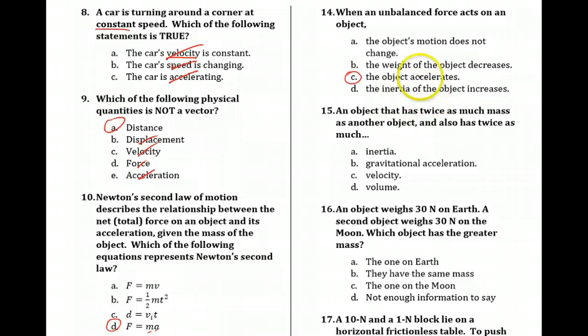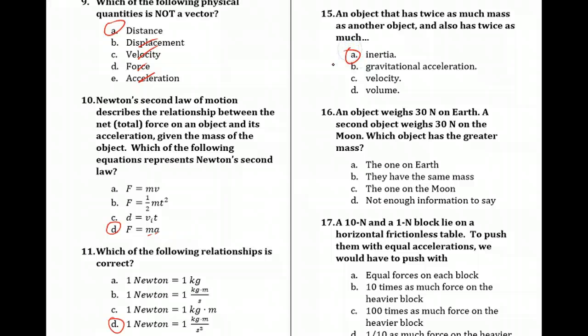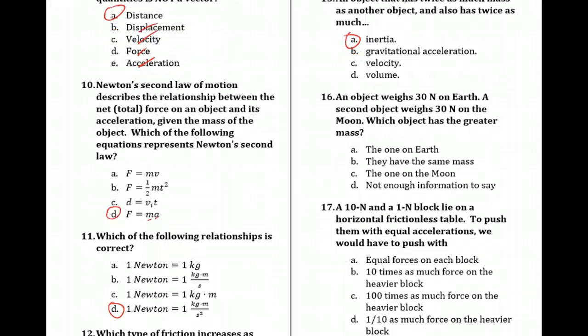The inertia of the object, it's not going to change its inertia. Its mass isn't going to change. It doesn't affect gravity, and the object's motion would have to change. An object that has twice as much mass as another object also has twice as much inertia. Inertia and mass are the same thing.